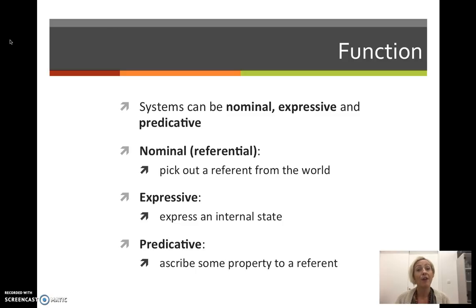Then there is the function of a communication system, and there are three possible functions. First of all, a nominal or referential system, which means signals can talk about things around you. So you can talk about something, you can communicate about something else. Or systems can be expressive.